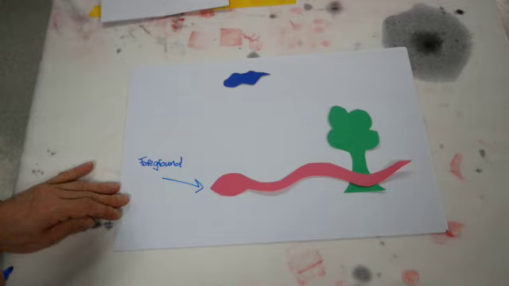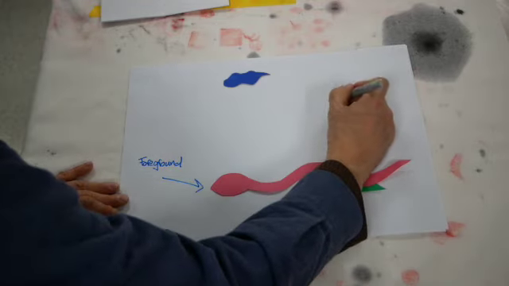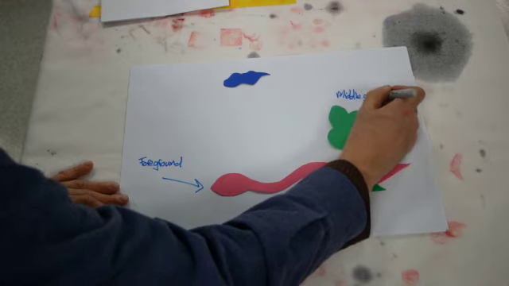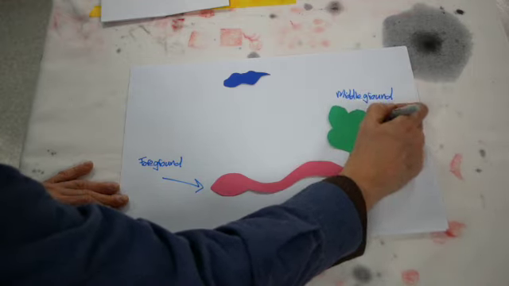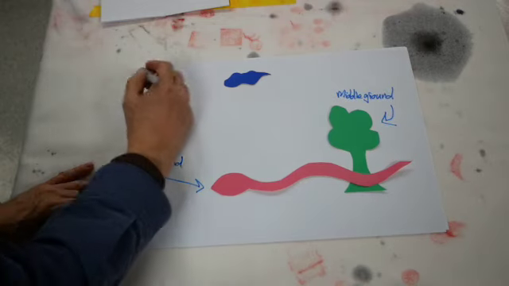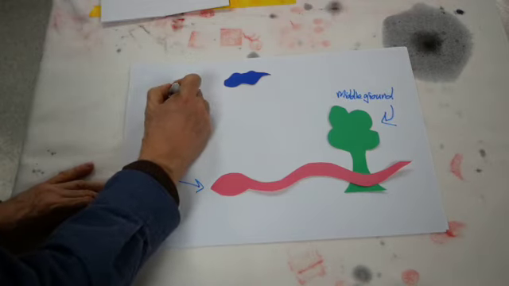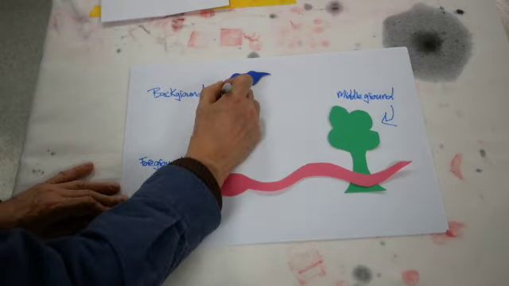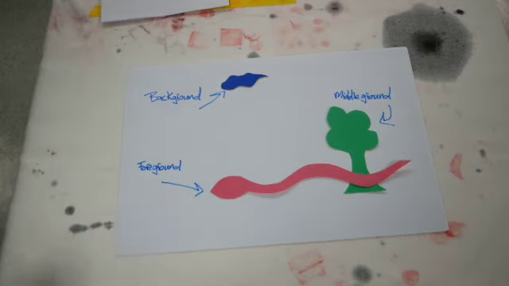All right, and point to the thing in the foreground. Middle ground. And point to the thing in the middle ground. And background. And point to the thing in the background. All right? That's the assignment for today.